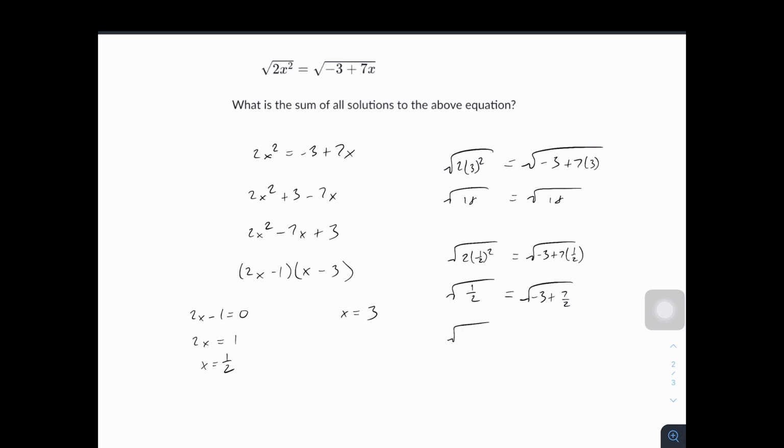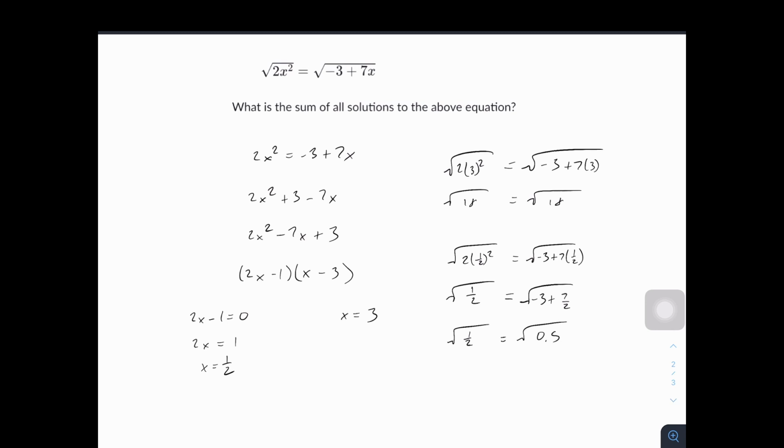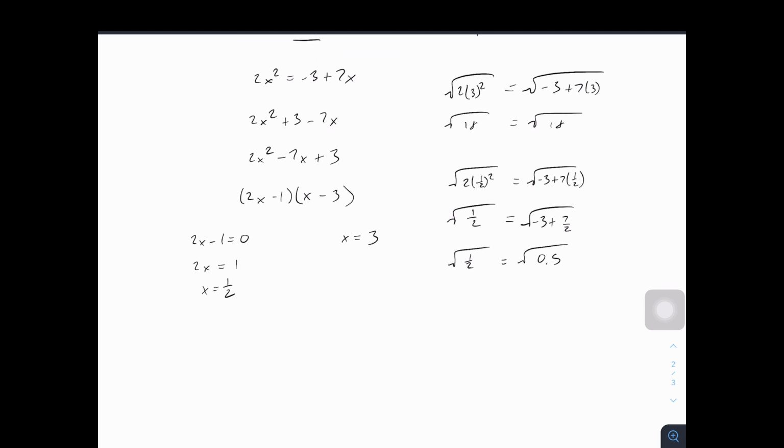So square root of 1 over 2 is equal to square root of negative 3 plus 3.5, which is 0.5, which can also be rewritten as 1 over 2. So both these solutions are valid, and it's asking for the sum of all solutions. So 3 plus 1 over 2 is 3.5, and that's our answer.